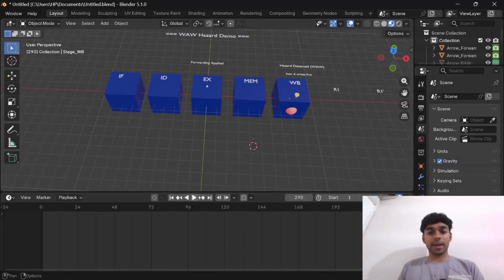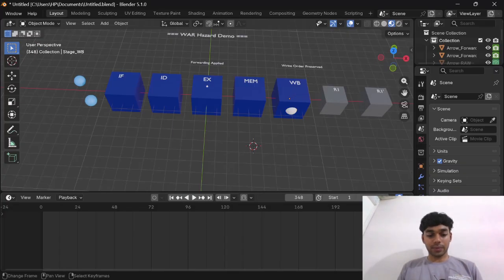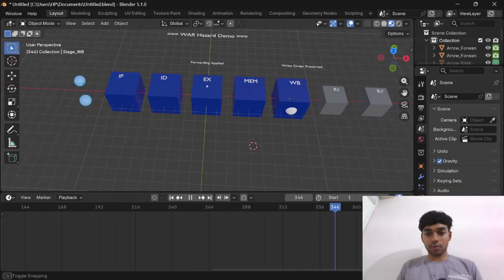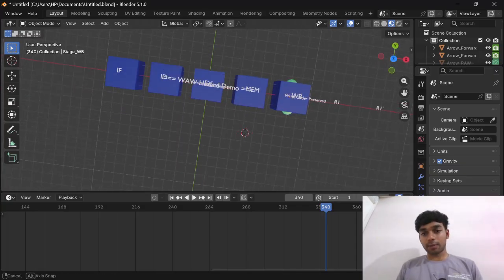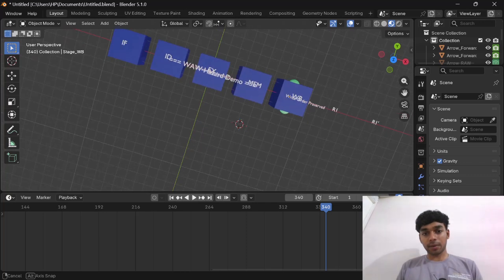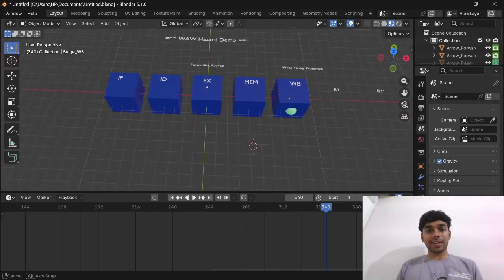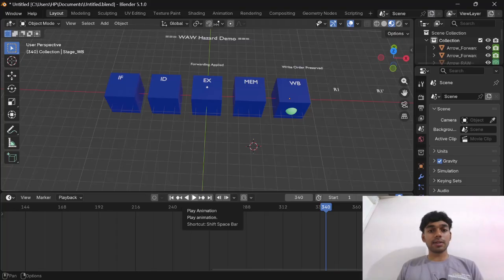As we can see, the second instruction waits for the first instruction to write back, and as soon as the first instruction writes back, the second one also writes back. We can see green color. Wait, let me show you. Yes, this means that both of them have written back. Both of them have become green. So this was the second dependency. Now let us look at the third dependency.